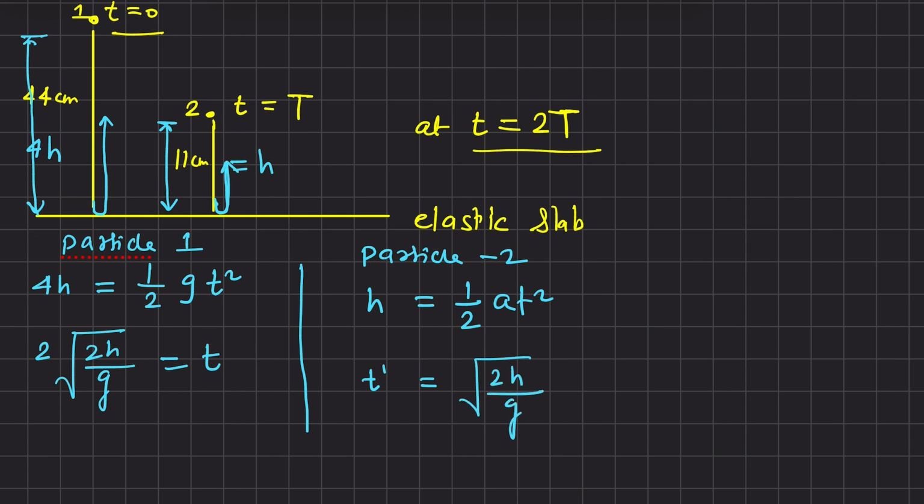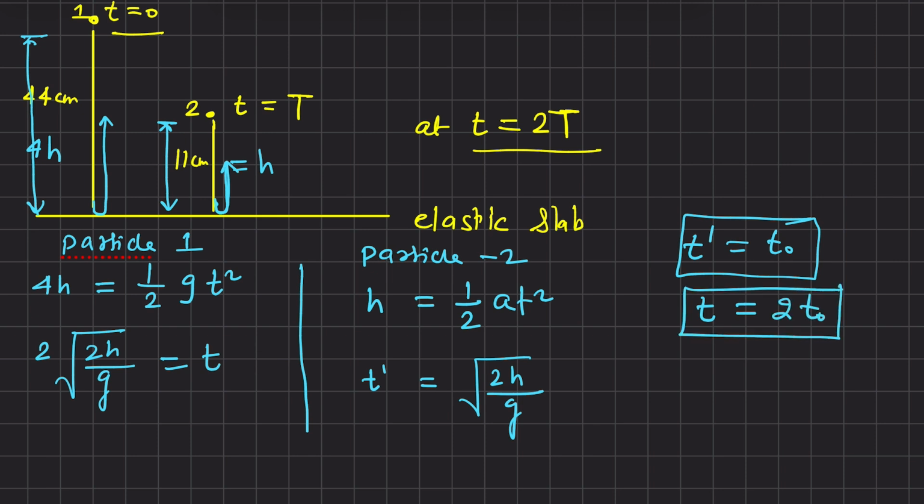Okay, so from here, I'm going to call this t dash as t naught. So t will be equal to 2 t naught. Okay, t will be 2 t naught. So this you have to keep in mind.